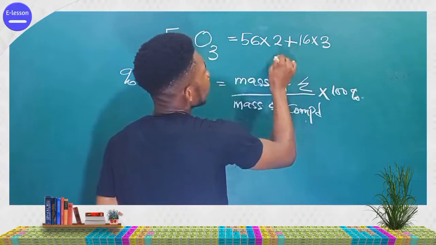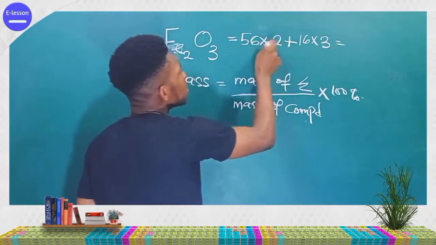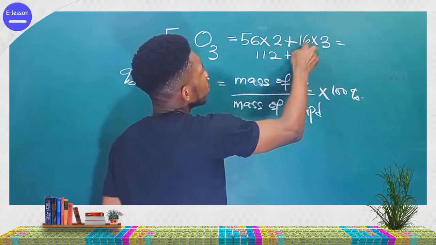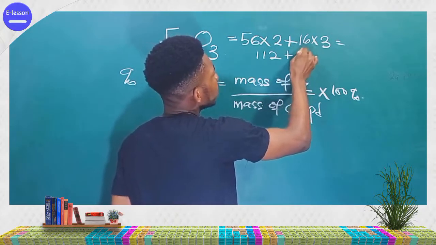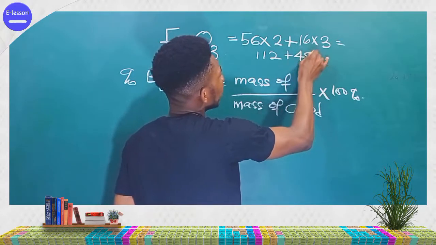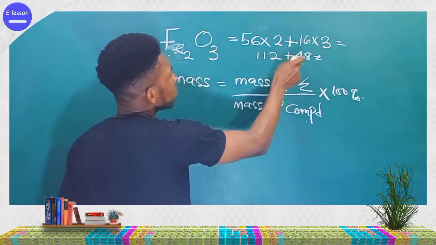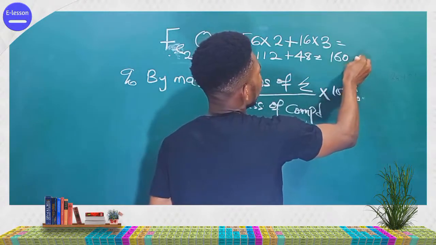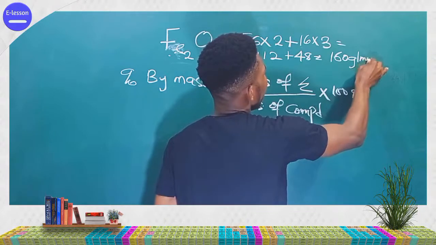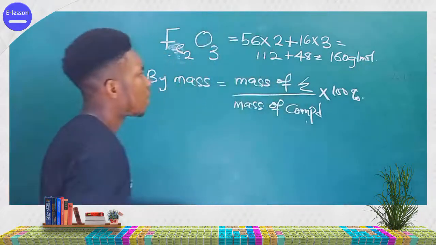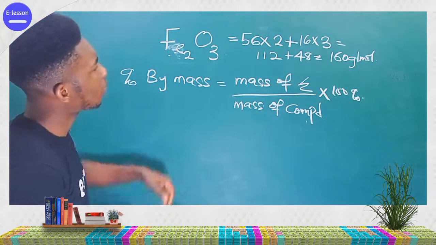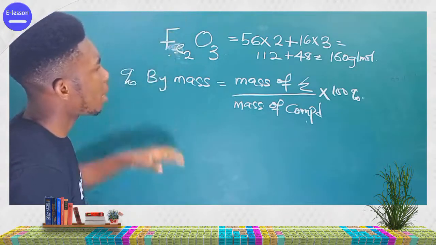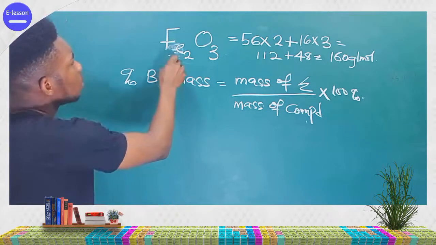Now, adding everything together, you have 56 times 2 is 112, plus 16 times 3 is 48. Add everything together and it will give us 160 gram per mole. So the relative molecular mass of hematite is 160 gram per mole.